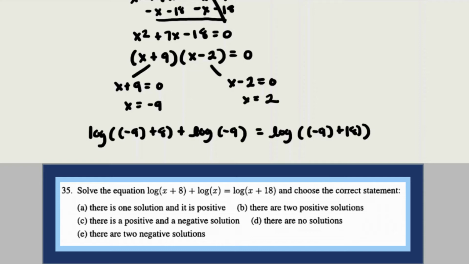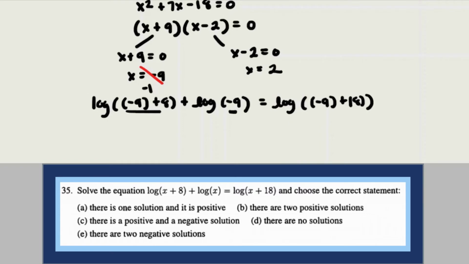The reason being so is, firstly, in our first one, we have negative 9 plus 8. Negative 9 plus 8 will give us a negative 1. We can't evaluate a negative with logarithms, so that will give us an error. And another one is we have negative 9 in here. We have log of negative 9, which once again is negative. So as you see, negative 9 is not going to be part of the solution. That's out.